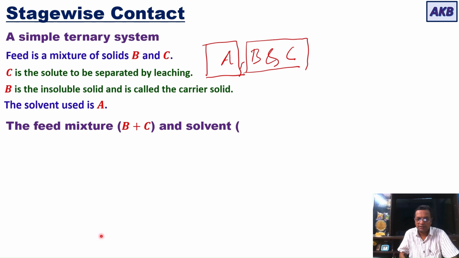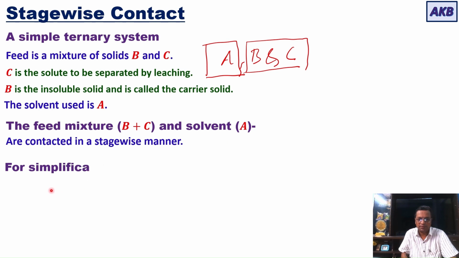The feed mixture, that is B plus C, and solvent A are contacted in a stage-wise manner. So by stage-wise contact, we mean that the feed mixture B plus C and the solvent A are contacted in a stage-wise manner.